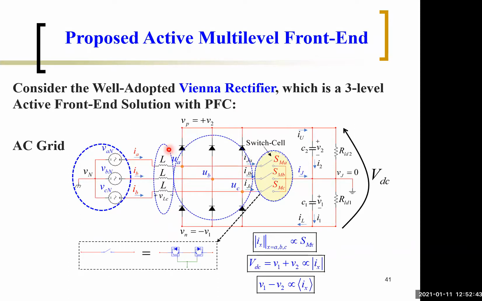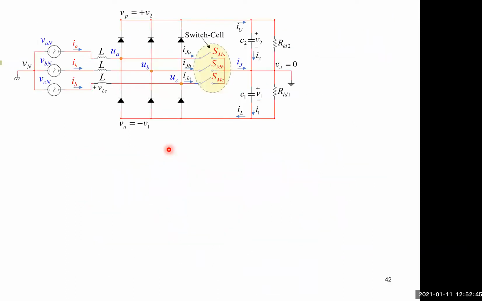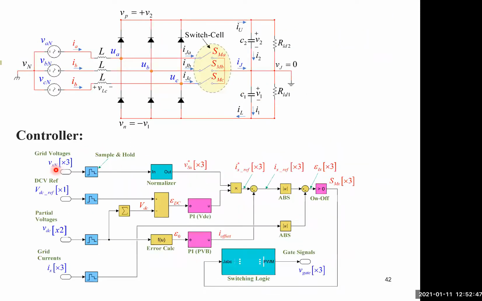For the Vienna rectifier, this is an existing solution. So let's talk about the controller of the Vienna rectifier, which serves as the basic concept for the controller of our multi-level rectifier. We sample the grid voltages, the 3 grid currents, the 2 partial voltages, and the DC reference. We calculate the total DC error.